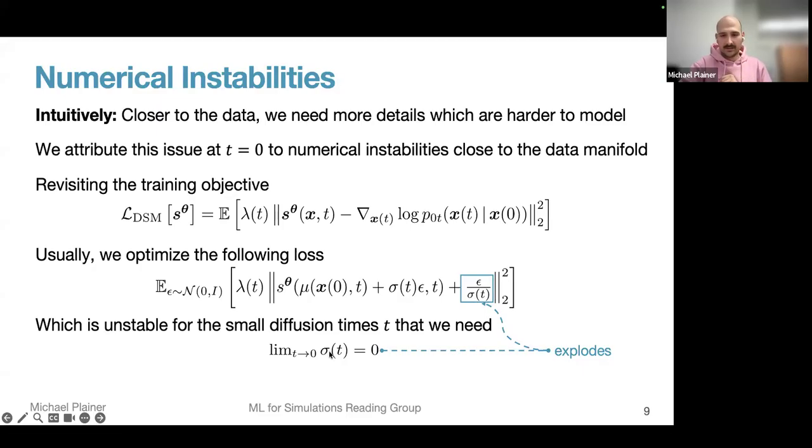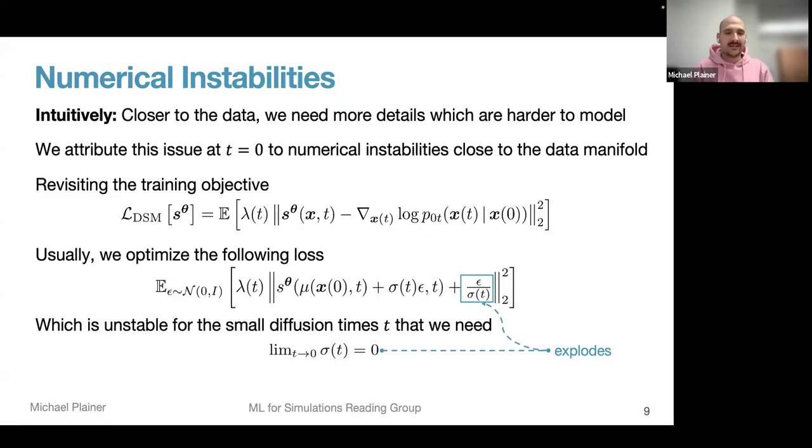And this noise level is dependent on t. And as t goes to 0, this vanishes and goes to 0. So this means the loss here is going to explode because we try to divide by something very close to 0.